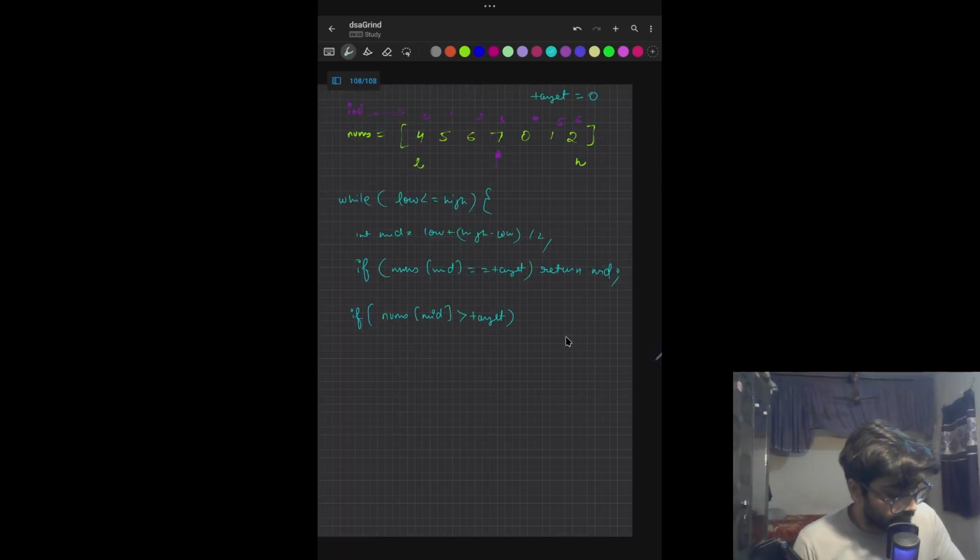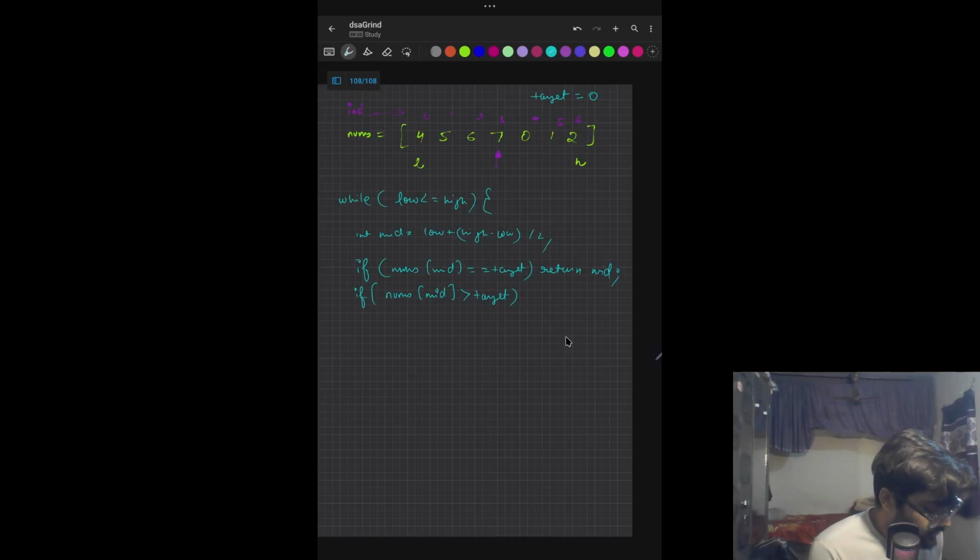And if that does not happen, then what if nums at mid is greater than target? What would we do?